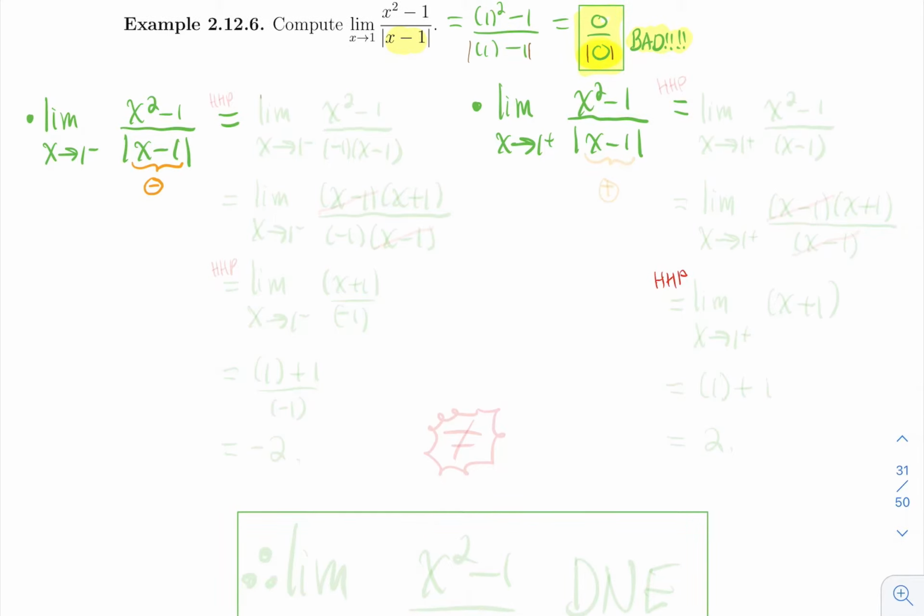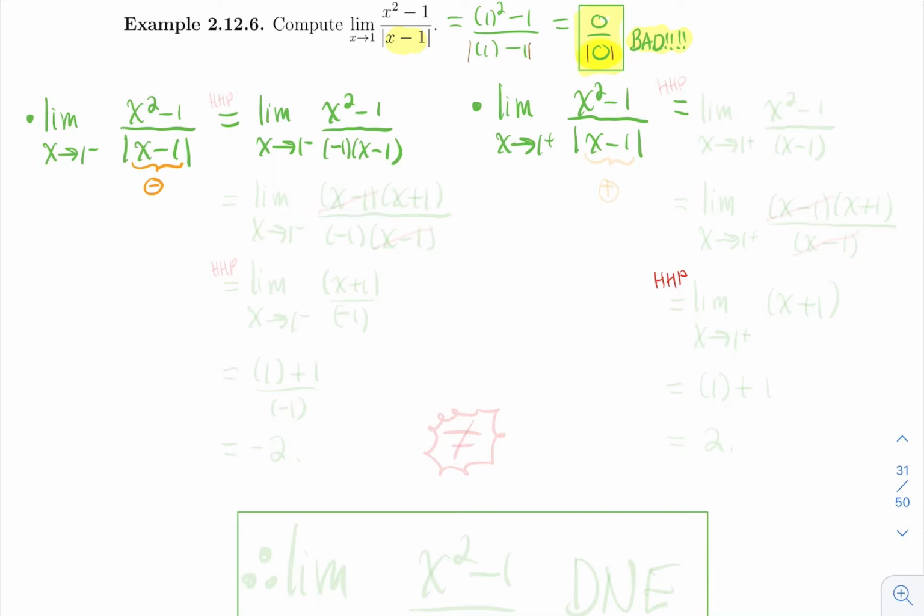So this limit is the same as the limit as x approaches 1 minus of x squared minus 1 over minus 1 times x minus 1. So this is how we get rid of that absolute value.